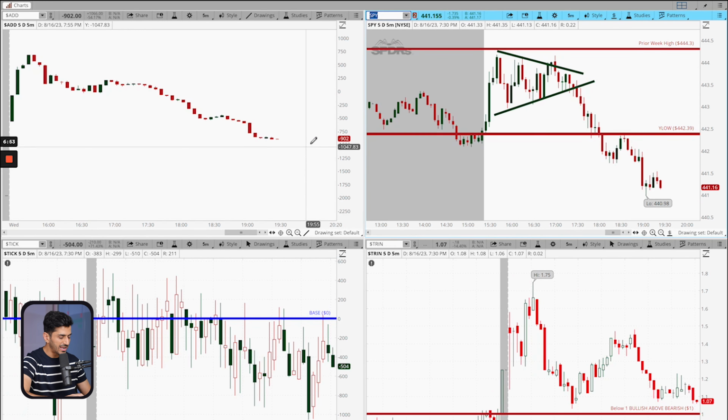So this is a quick analysis for today's price action. As we said, breadth indicators and internals are aligning very, very strongly, and price is actually moving exactly the same way as the indicators are telling us. So with that being said, let's sum it all up together. As we discussed today, market breadth is one of the most important things to look at when it comes to intraday trading.